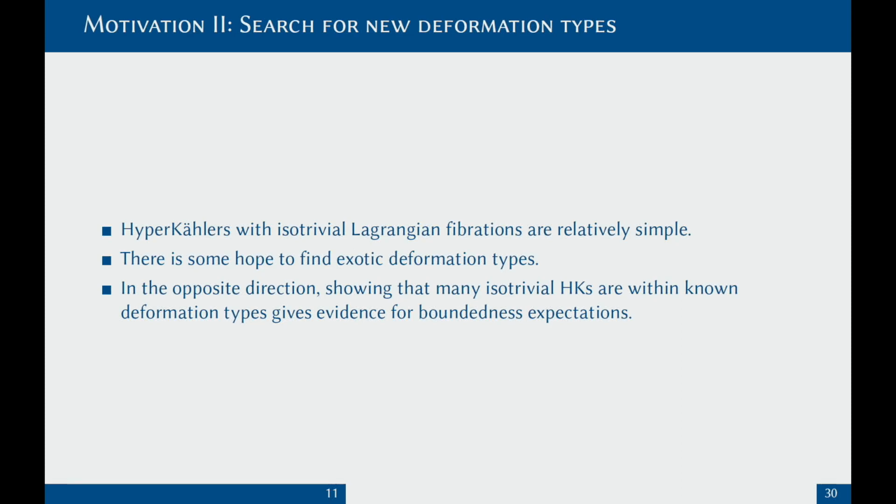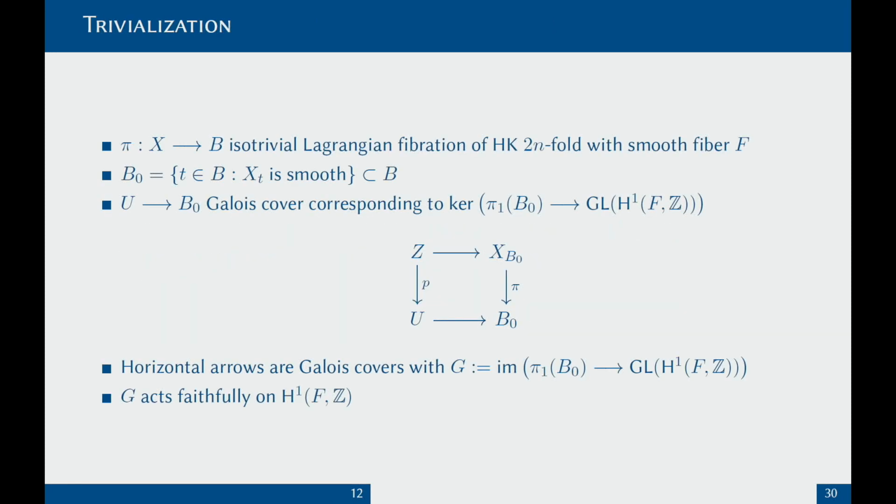I mean, not every one of the members is going to have a Lagrangian fibration, but it could be that you can find this deformation type by studying some very exotic Lagrangian fibration. We haven't found a new deformation type, but that was part of the motivation.